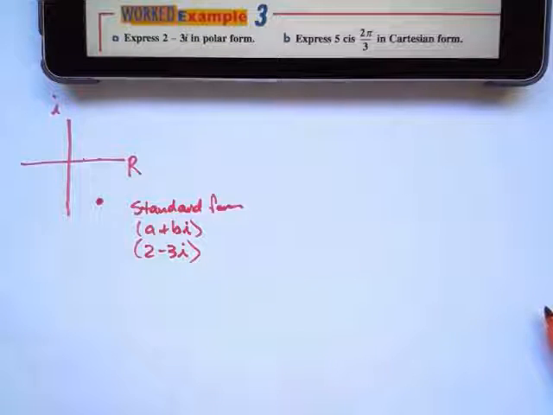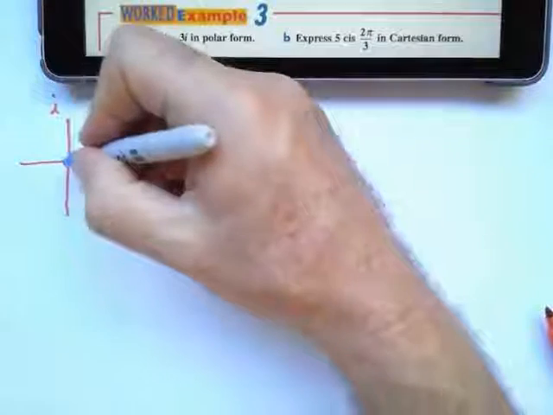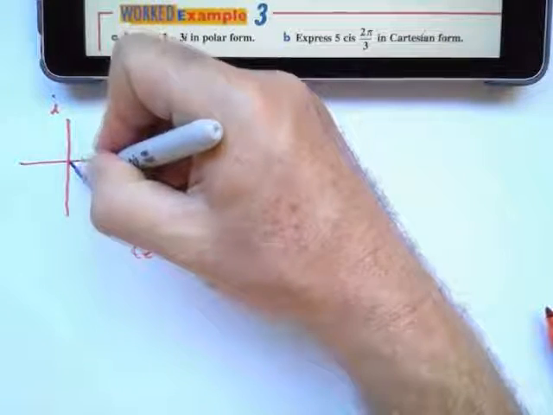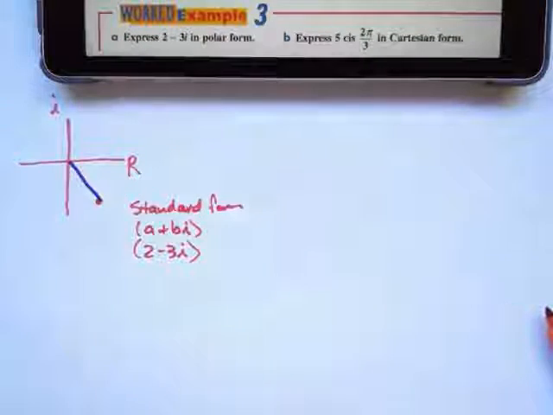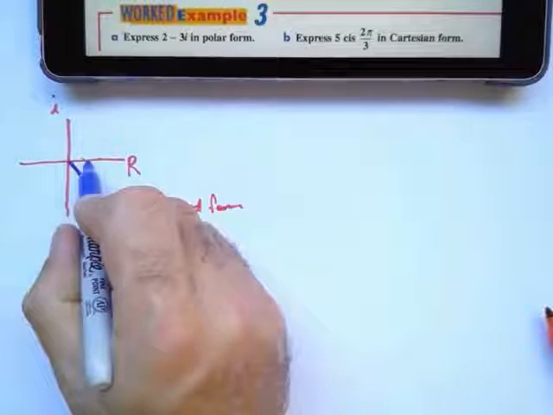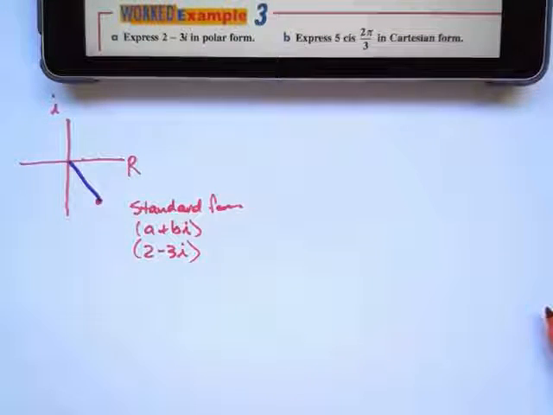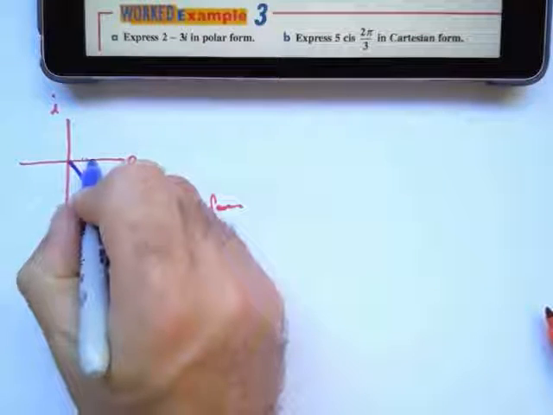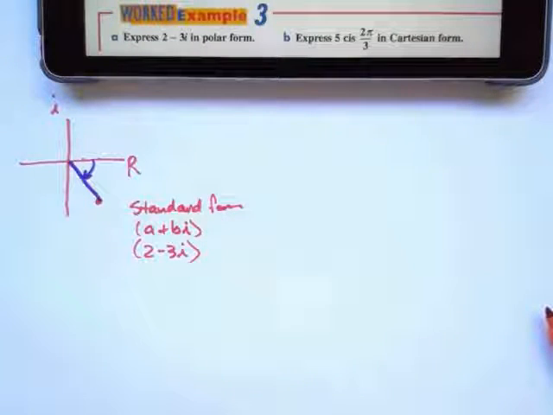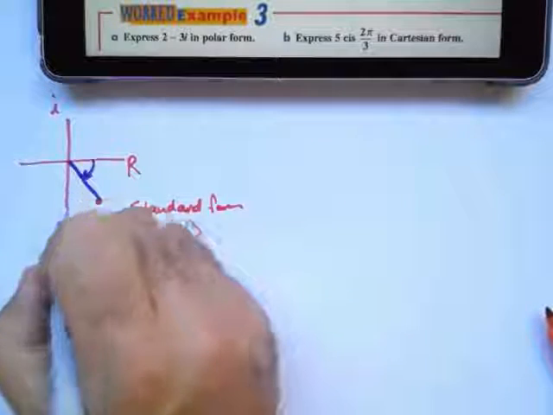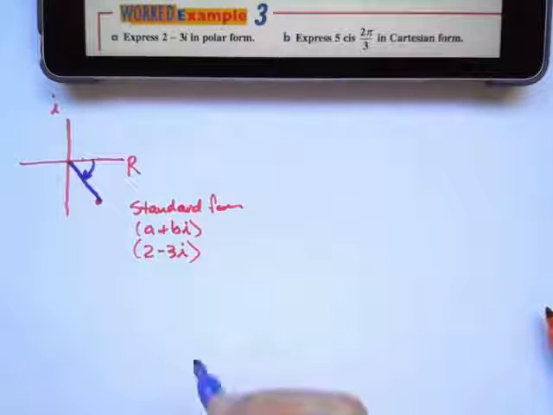Now the polar form is when I refer to this position as almost like a vector. So I have the magnitude of the value as well as the angle with the positive real value. So I'm talking about this angle, and this angle is not called an angle, it's called an argument, and this is the magnitude of V. So that's the polar form.